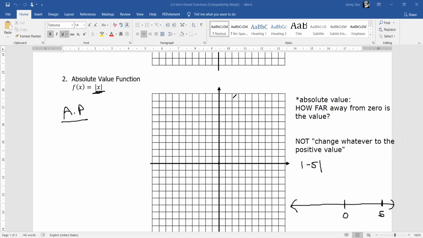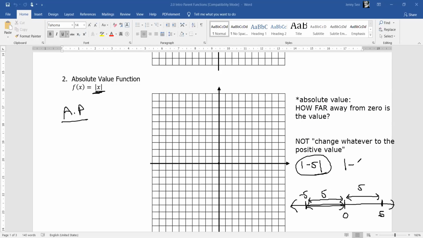I don't have much time. Simon, what about you? 5? Yeah, just 5, right? The distance is 5. How about -5? How far away from 0 is -5? No, just the value. How many steps away? 5. This is what absolute value means: how far away from 0 is it?